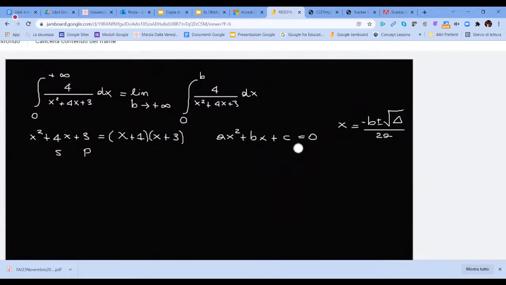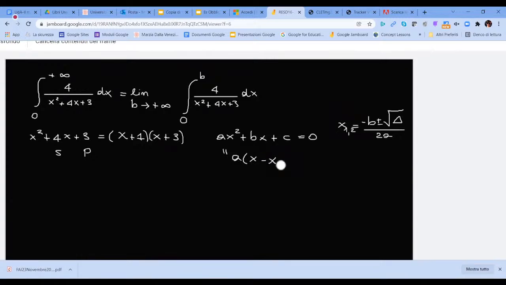And if delta is greater or equal to 0, x1 and x2 are the two roots of the equation.